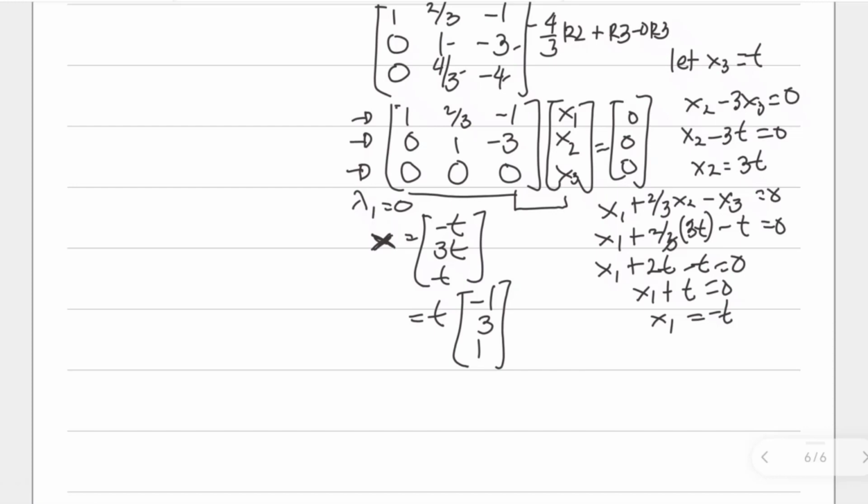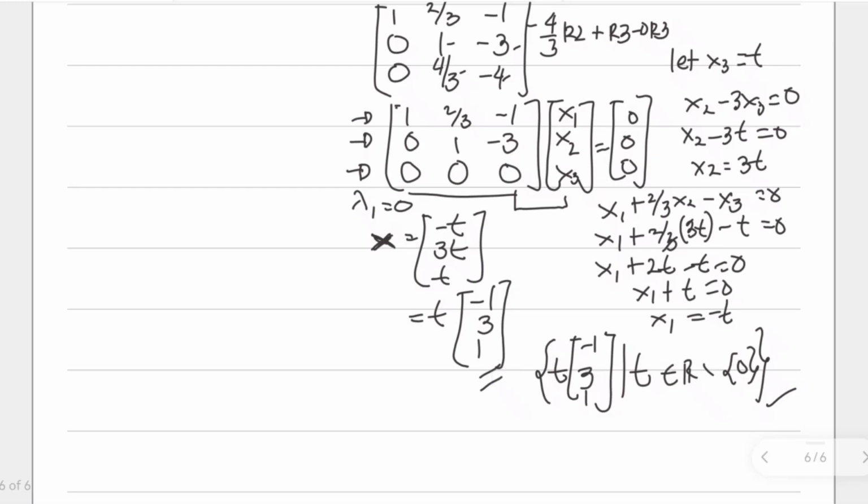This is now our eigenvector, and our eigenspace is the set of t times negative 1, 3, 1, such that t is an element of R but not 0. That is the eigenspace for this eigenvalue. So we only have one eigenvector here in this case.